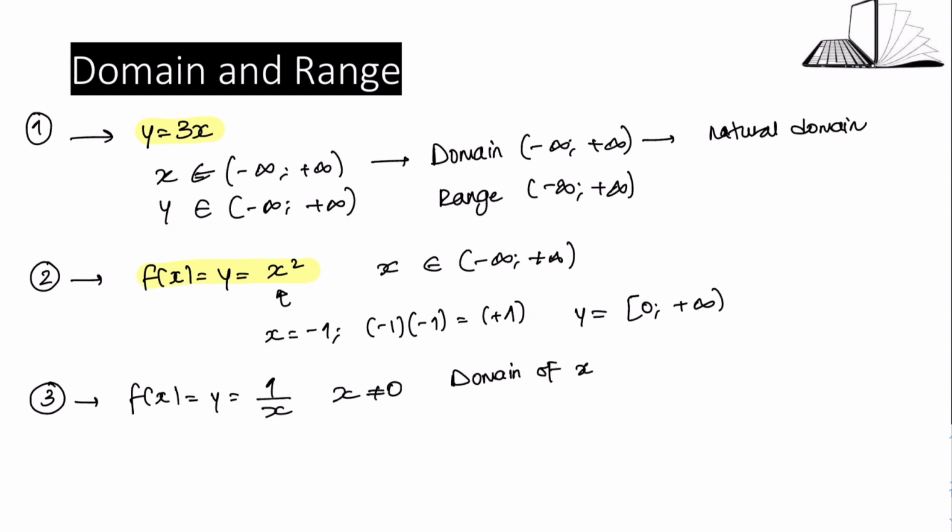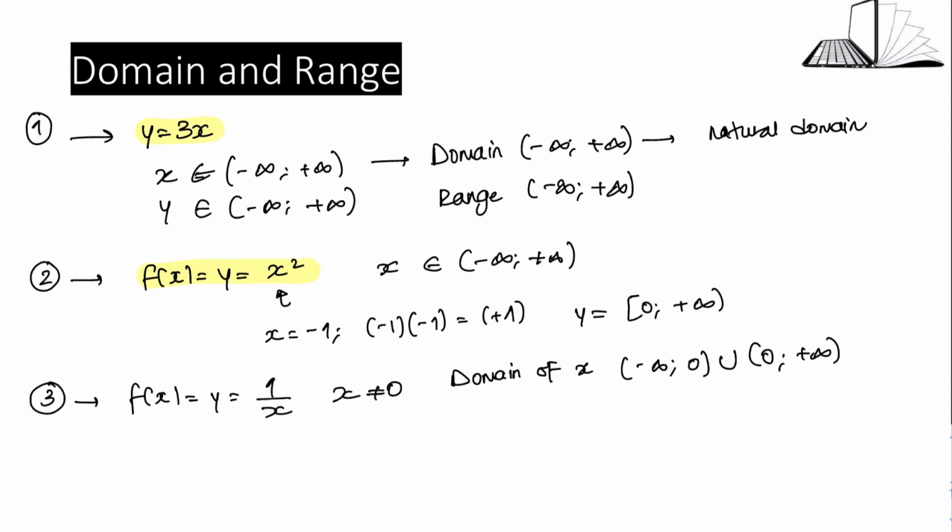So the domain of x ranges between minus infinity to 0, 0 is not included, sorry. So minus infinity to 0, this bracket means 0 is not included, union 0 to plus infinity.